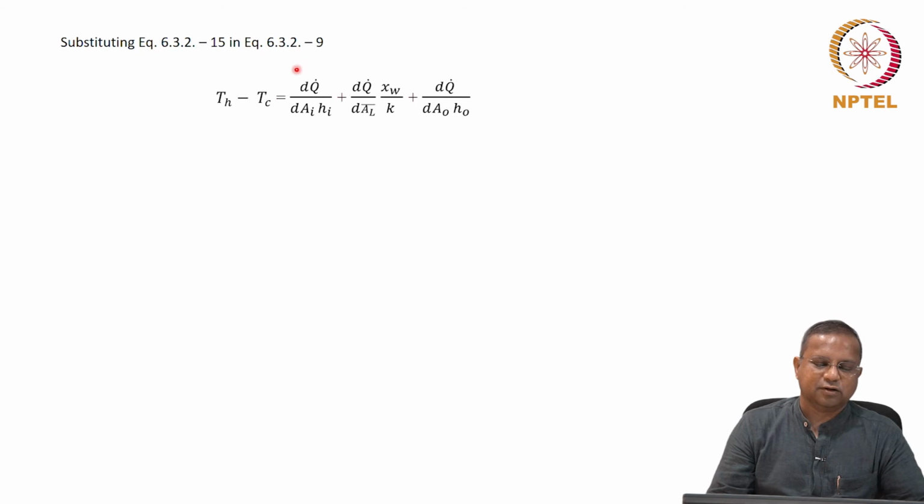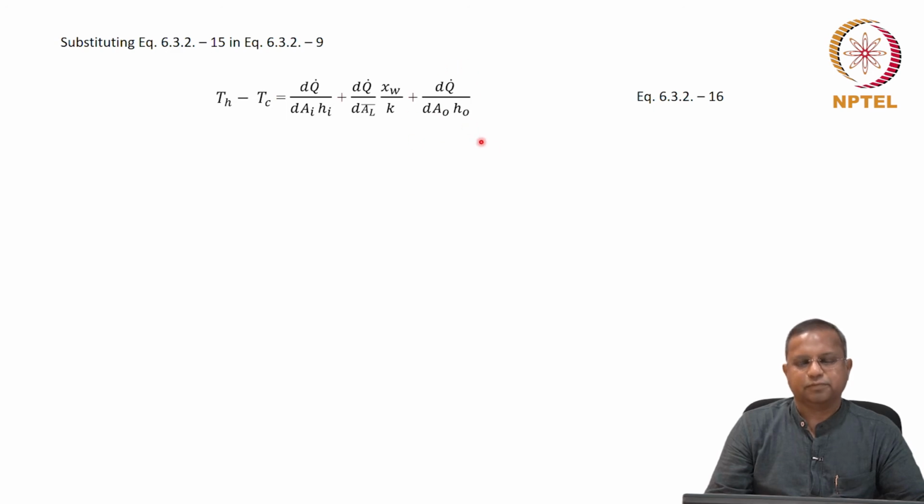That written in terms of the rate and the heat transfer coefficient is this: dq dot by dAi hi plus dq dot divided by dA L hash times xw by k plus dq dot divided by dA naught ho is Th minus Tc. Equation 6.3.2-16. These are derivatives here: dq dot dAi hi, dq dot dA L xw by k, dq dot dA naught 1 by h naught.